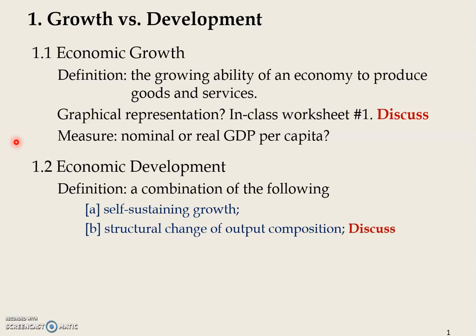Here I want to leave this for you to think about, how this structural change will happen, in which way. For example, agricultural share should go up or go down when the country becomes richer. What about the industry or manufacturing share in its output? What about the services share?